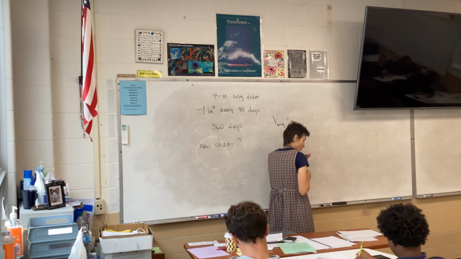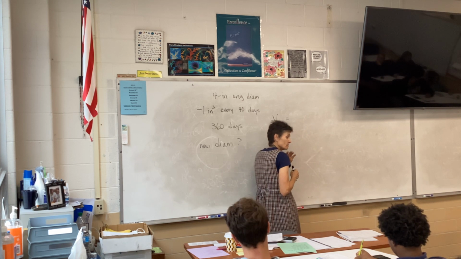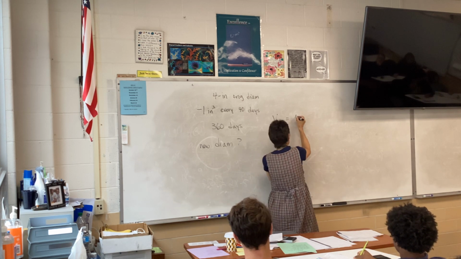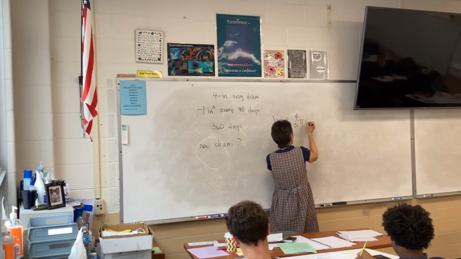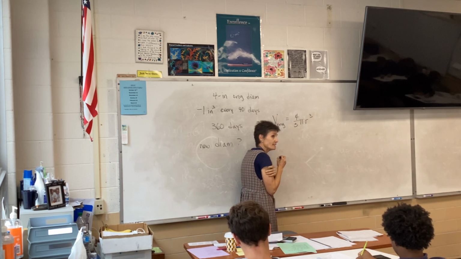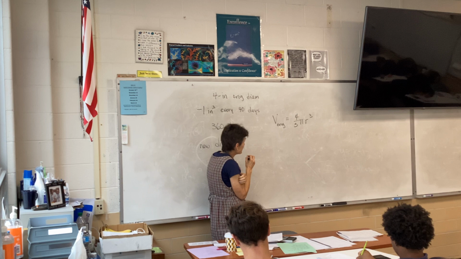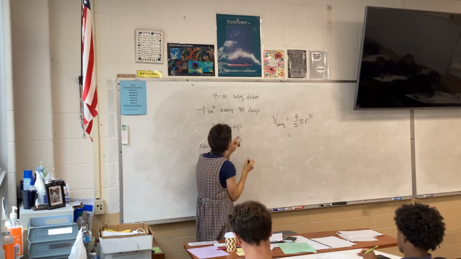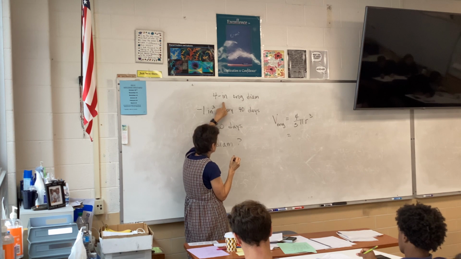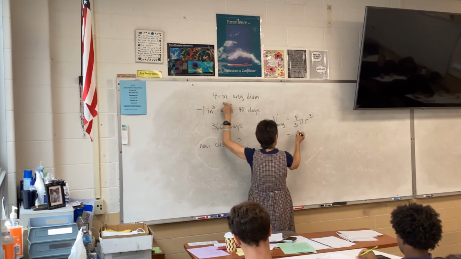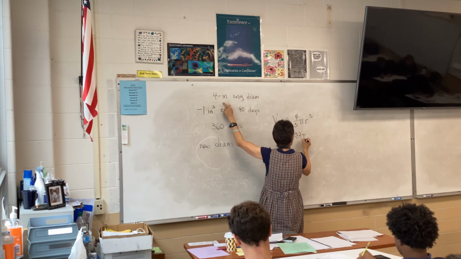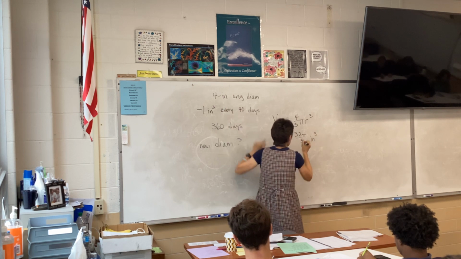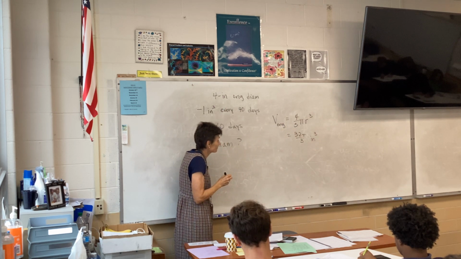Anybody remember the volume of a sphere? 4/3 pi r cubed, that's exactly right. And so the original volume, wait a minute, what was our radius? 2. So 32 pi over 3 cubic inches. Did I do my math right?